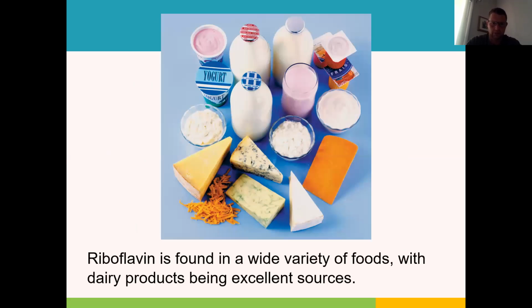All right, so here are riboflavin-containing foods. All of the ones on here look like dairy products: yogurt, cheeses, and milk. Yeah, these are all dairy products. But again, these are excellent sources of riboflavin.